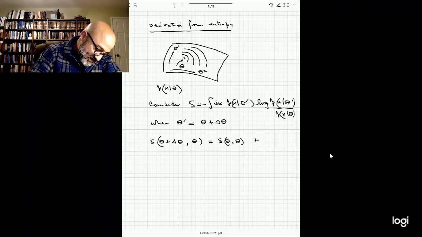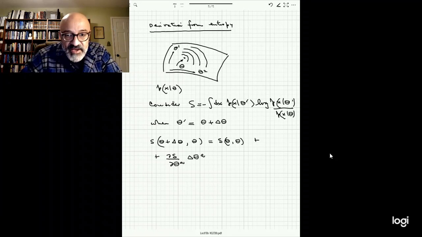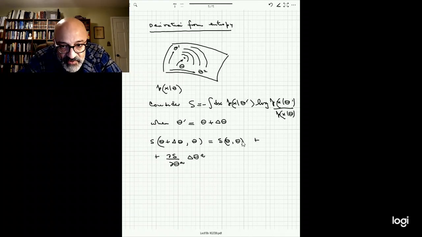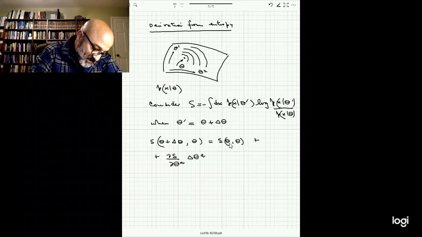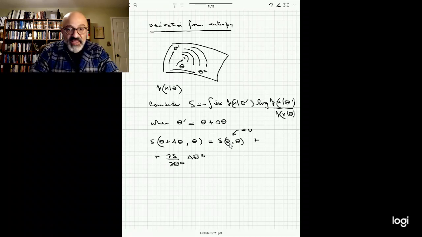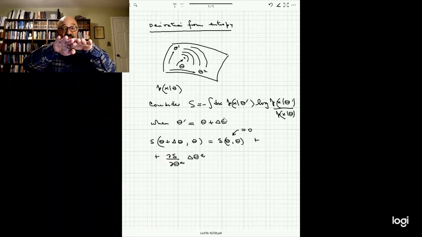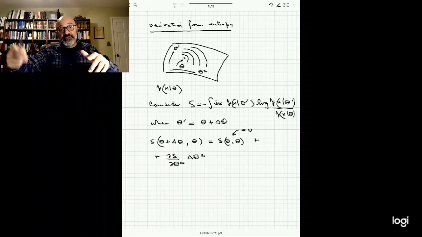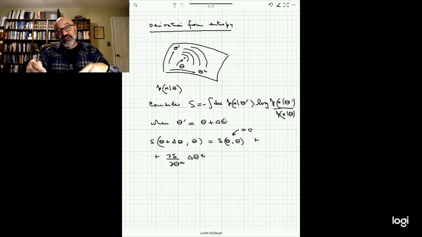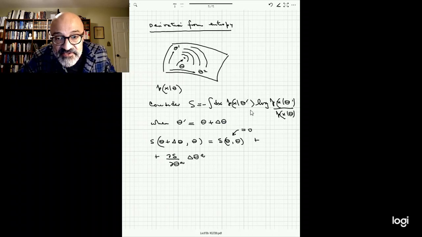Then you have the second term. Now, when you have the second term, what happens? Well, this one here is equal to 0. Entropy was concocted, with that minus sign in front, so that the maximum, in the absence of new information, is when theta prime equals theta, so you do not update.